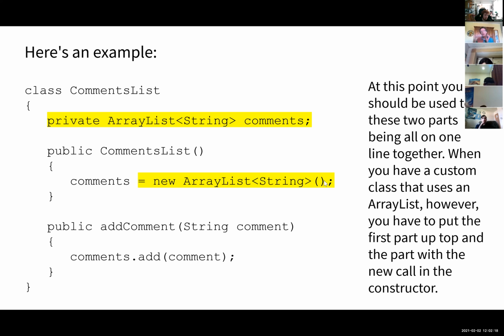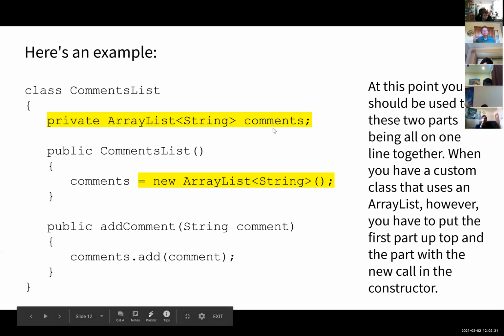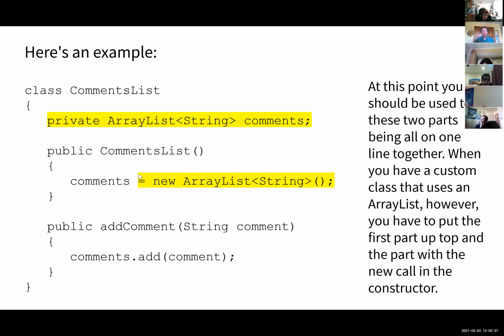That would all just be one line. But when an ArrayList is one of the private variables in a class, you have to do the left side of the statement up top, without a new, and then in the constructor, you finish creating it.